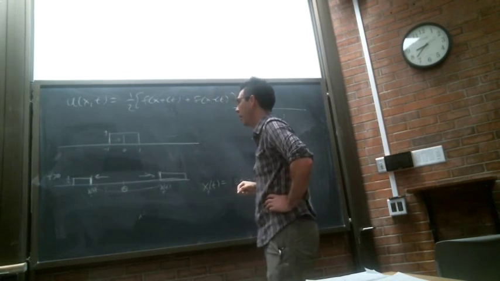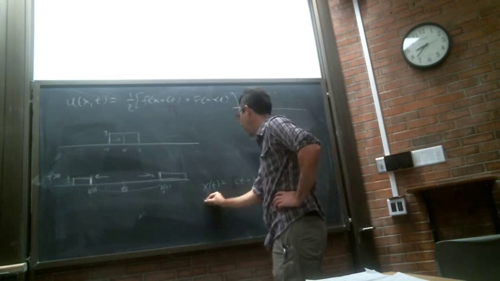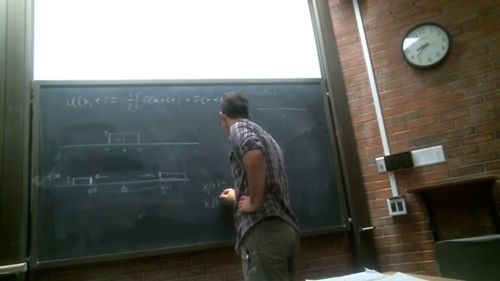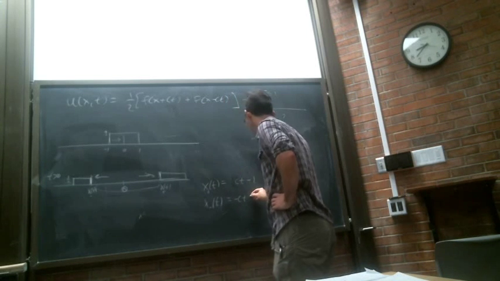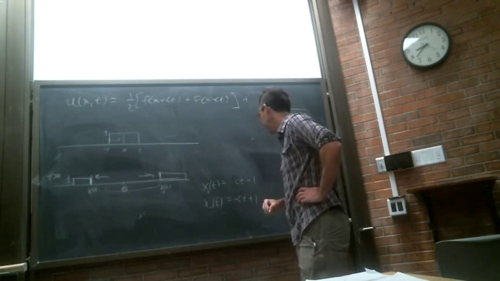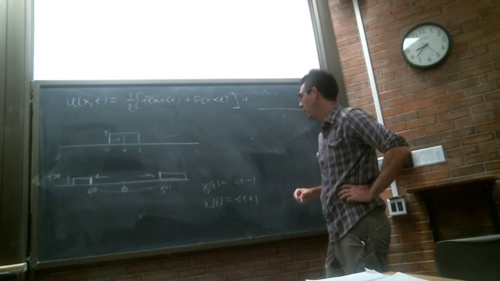And then x minus of t is equal to minus ct plus 1, right?